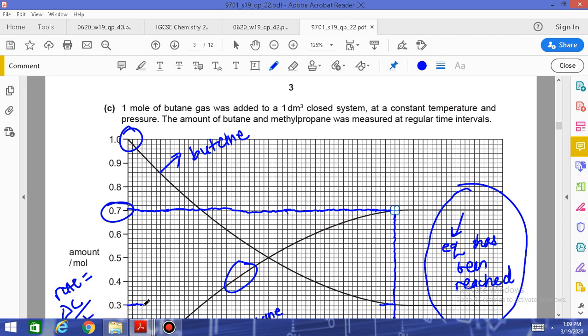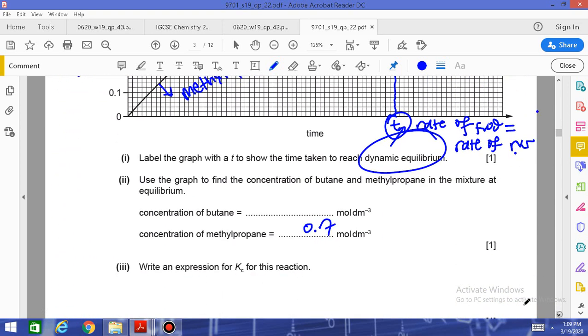Okay, so if you make a line, you have to use a ruler. So it's 0.3.